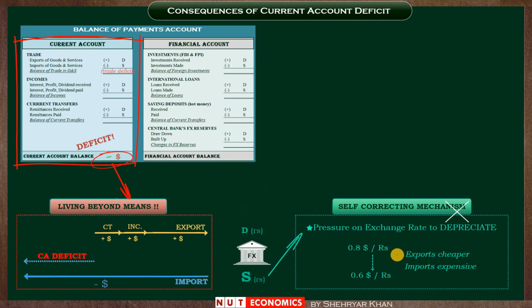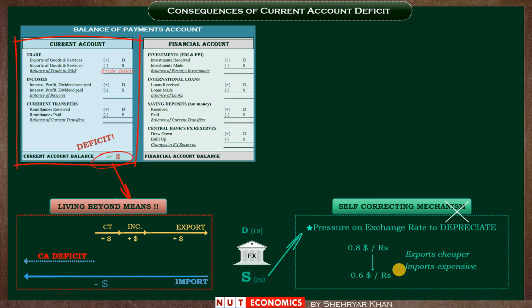Now, the first reason why countries may not want their exchange rate to depreciate is simply that when your imports become more expensive, your country will have to suffer from imported inflation. You have to remember that you do import a lot of useless things such as cosmetics and chocolates and luxury products such as laptops and so on.